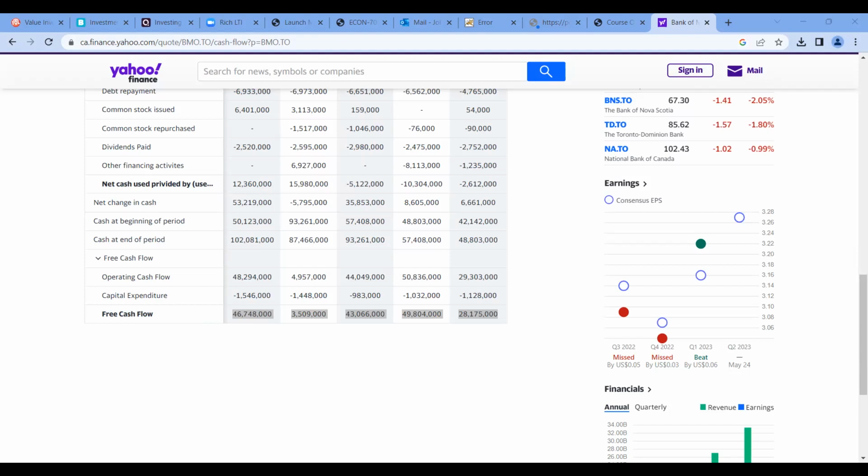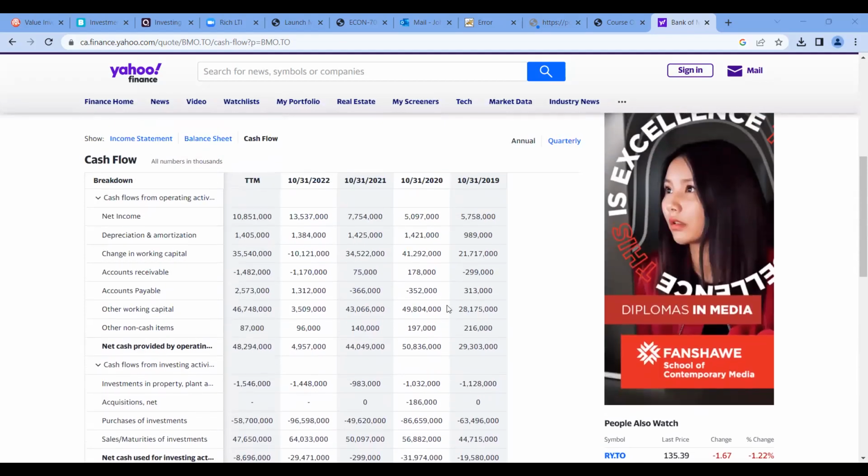BMO looks like a great investment. The criteria we're looking at here, cash flow, net income, price to earnings, and price to book, are very important for investing.